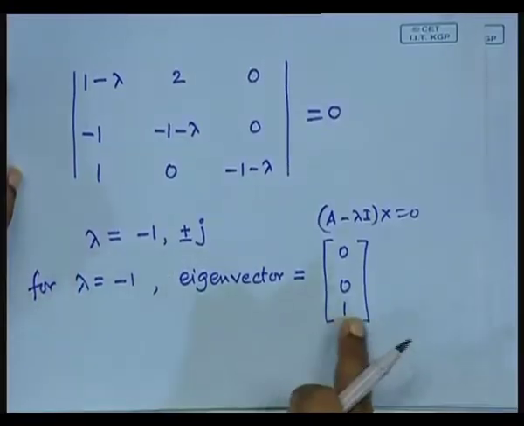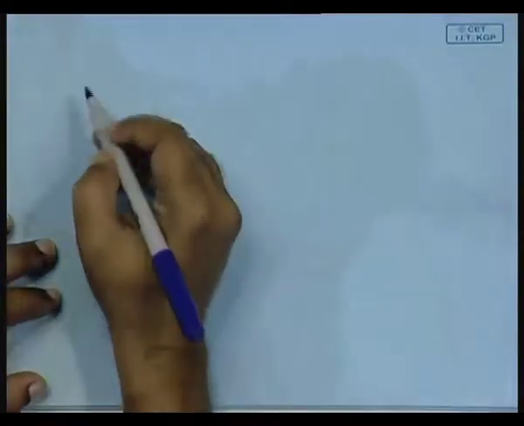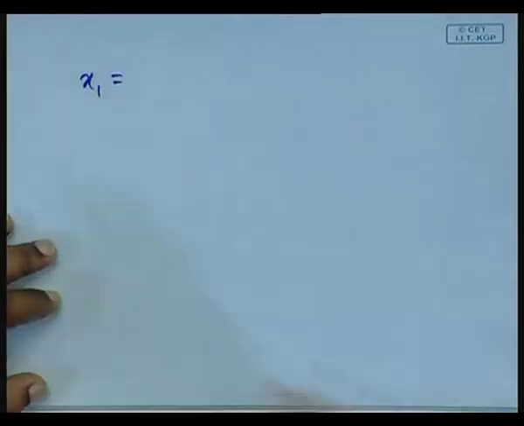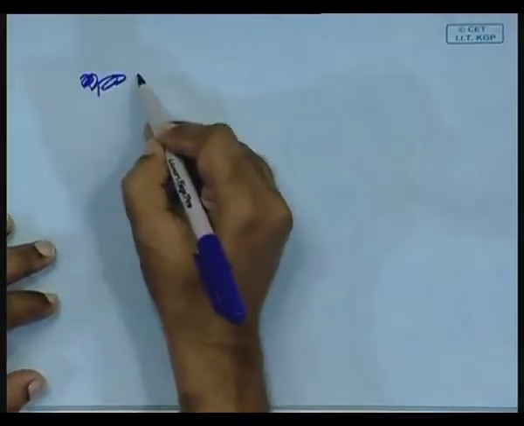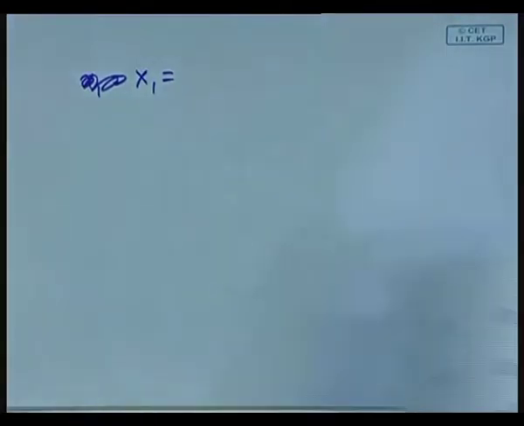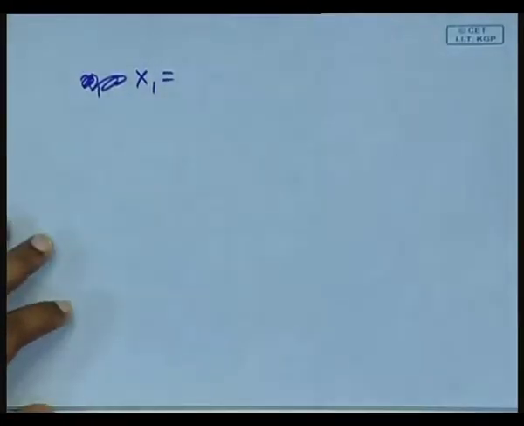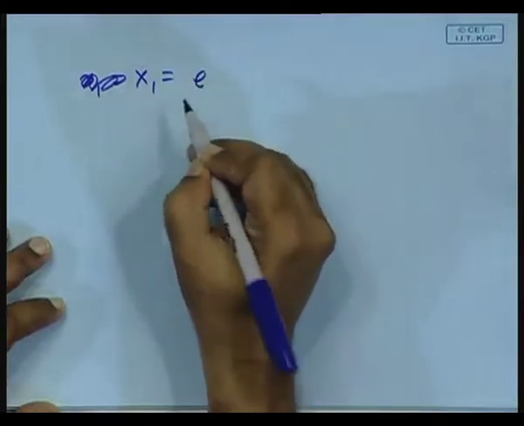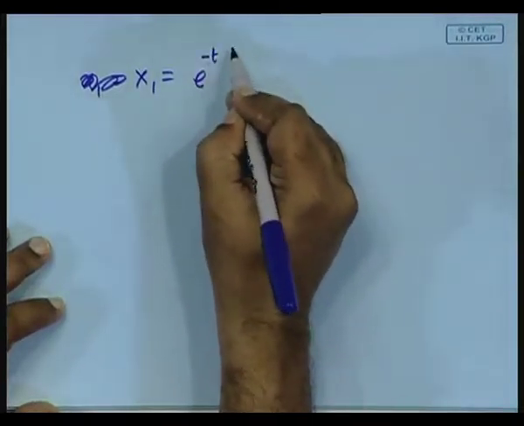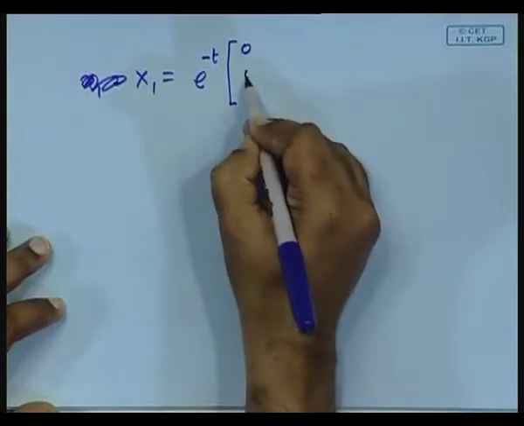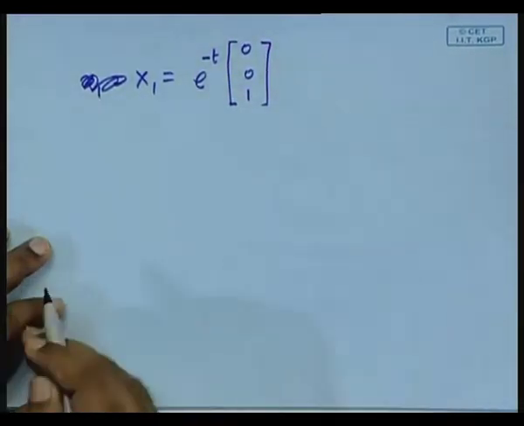If you proceed with this, you have the solution as, for this one it was known, for this one it is that. Fine.